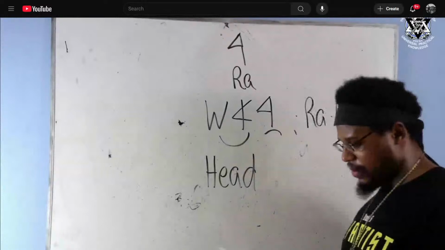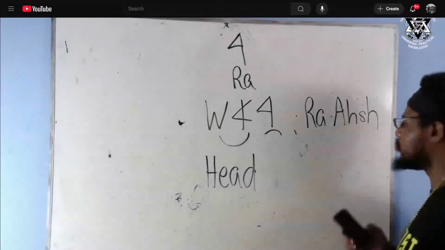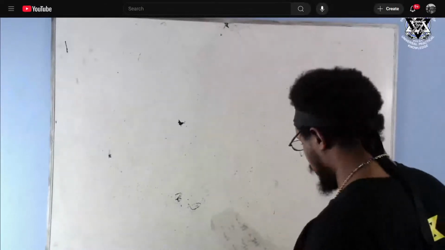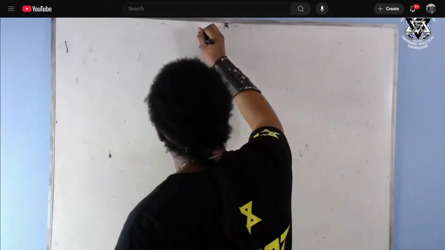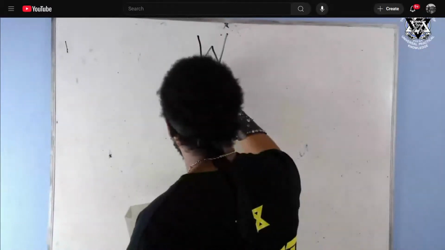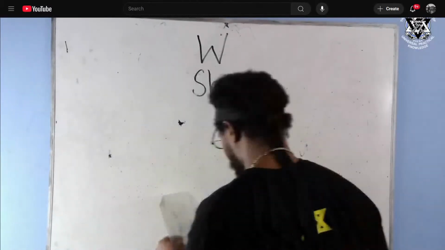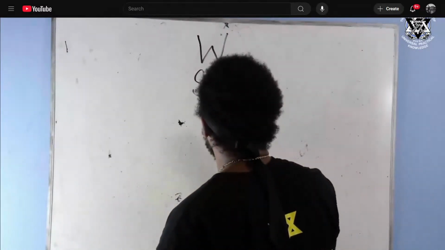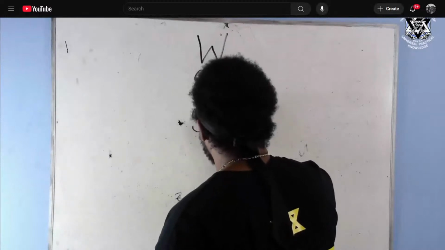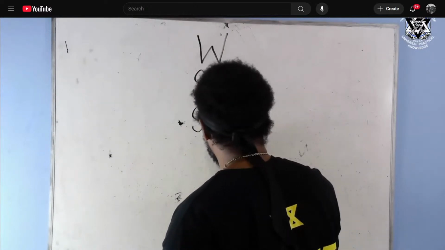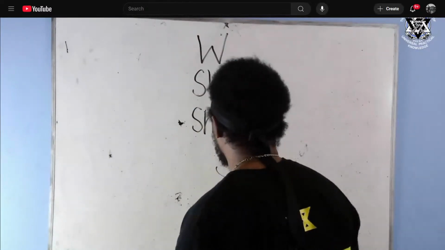After that, we got Shah. Got it. After that, next we got a Shah. It comes from Sham, meaning teeth.